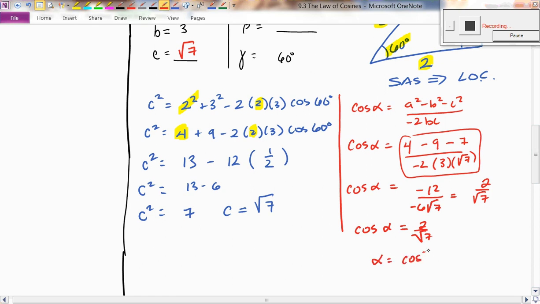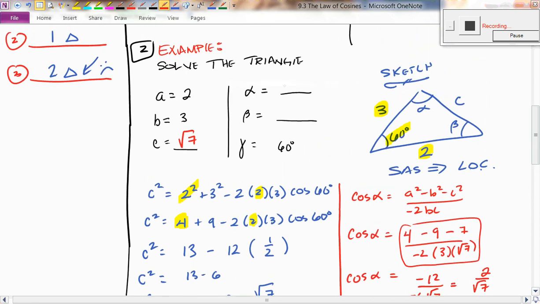There you go, inverse cosine of 2 divided by the square root of 7. Plug that into your calculators and tell me what you have. 40.9 degrees. That's what I got too. Great. Now we go back up, and we know that alpha is 40.9 degrees.